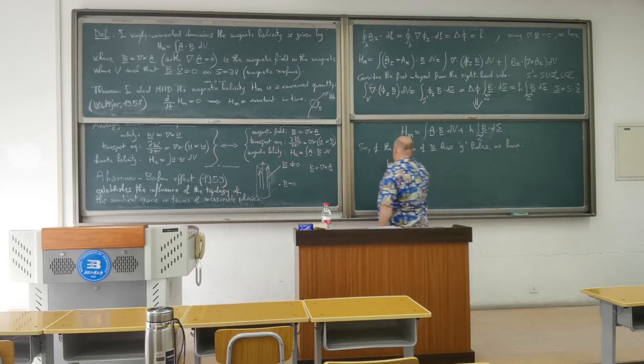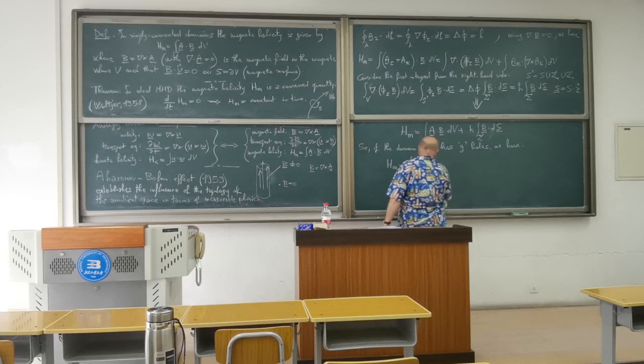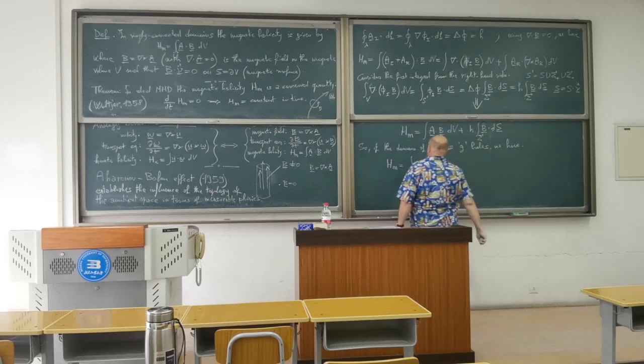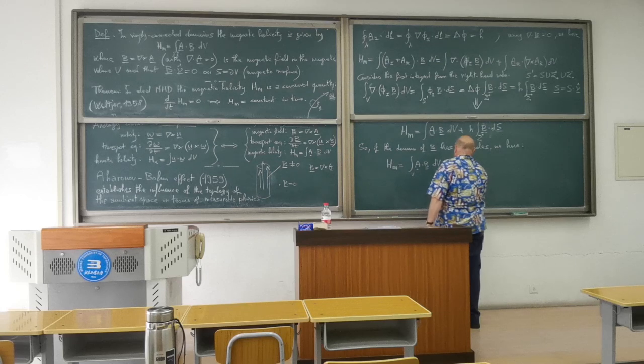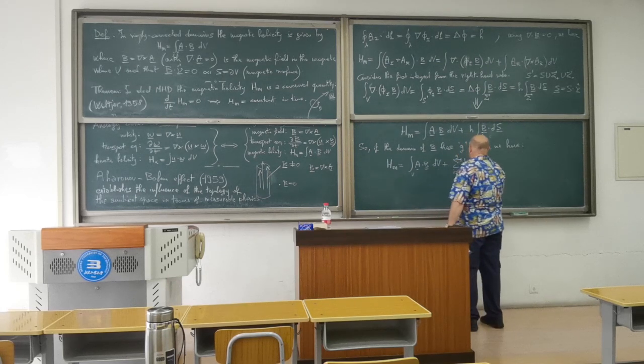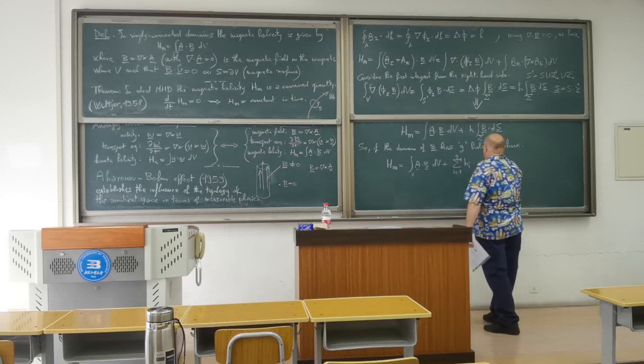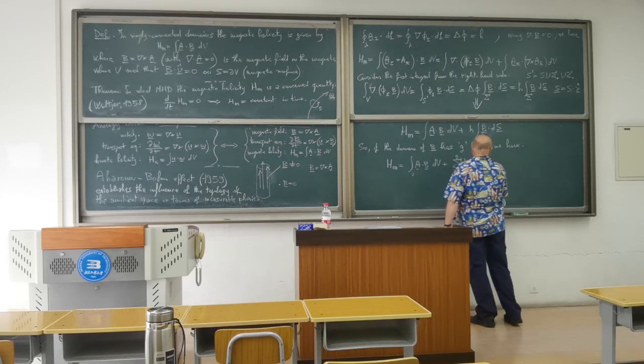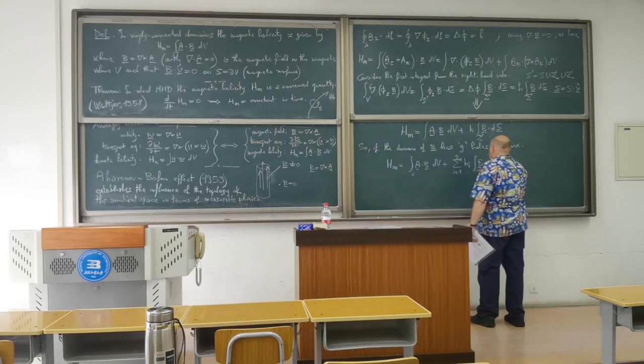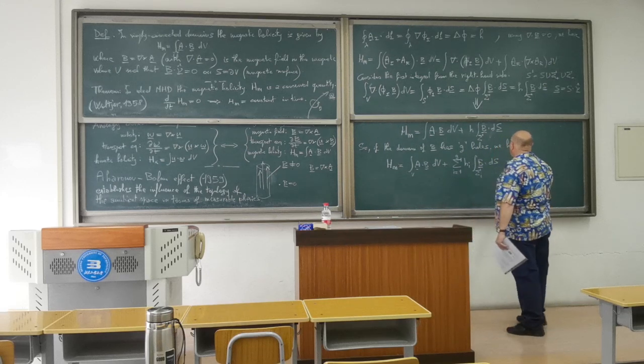The helicity Hm becomes the integral of A·B as we used to have for simply connected domains, plus the sum from i=1 to G of these h_i constants times the integral of B·dS, and this is extended to the cut surfaces sigma_i. Okay?